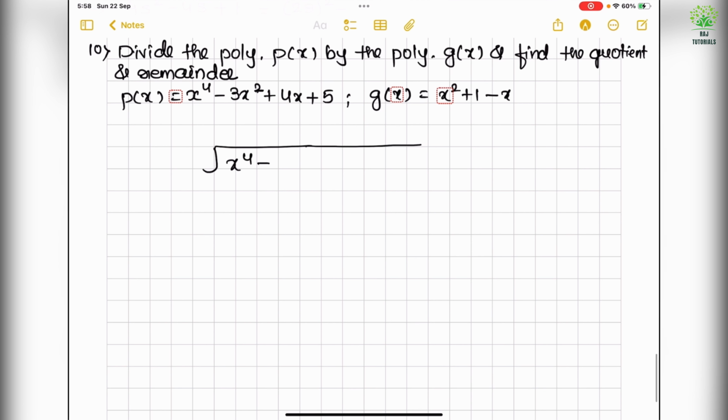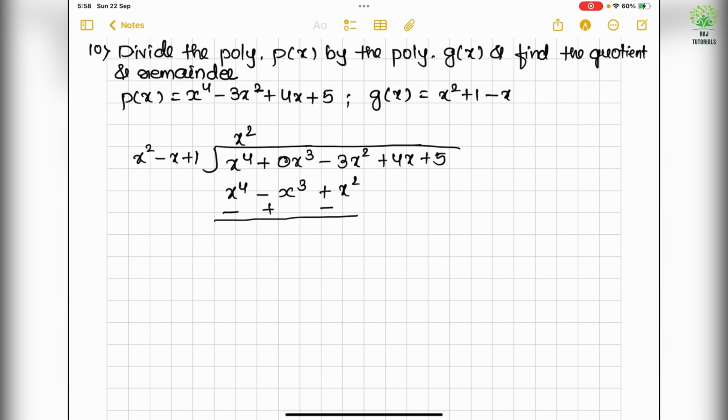So here if I divide using long division method, x raised to 4 plus 0x cube minus 3x square plus 4x plus 5. X cube term is not there, so I have introduced it because I will need it, and this will be x square minus x plus 1. So first multiplying by x square I will have x raised to 4 minus x cube plus x square.